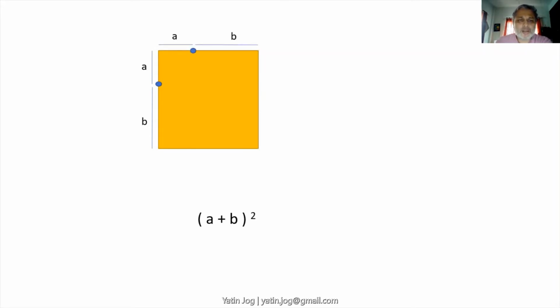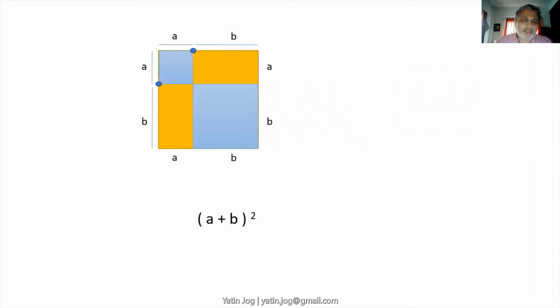So the total length of the line is a plus b, and what we need to find out is (a plus b) bracket square. As we need to find the square, let us make a square on the existing line with the same sides, and then I'll plot the same arbitrary point on the other sides also, with the same first length of a and the remaining portion of b.